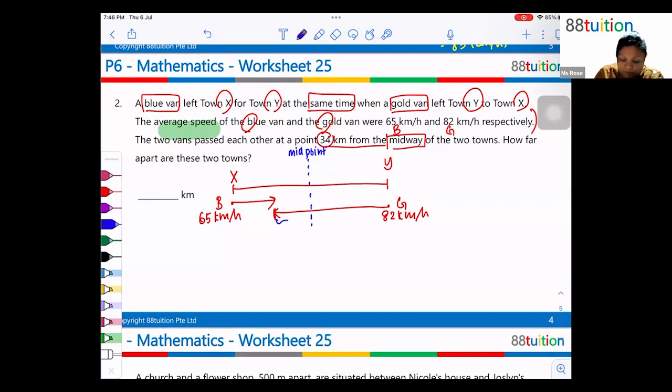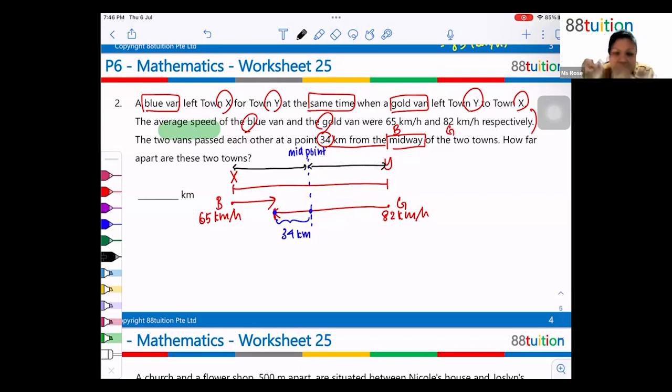So from this midpoint, you have 34 kilometers. Now, remember that this is half and half, right? So this midpoint, you treat it like a mirror image. Yes, gold covered an extra 34.